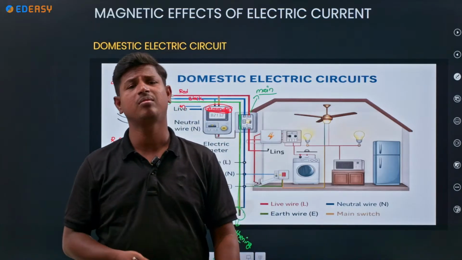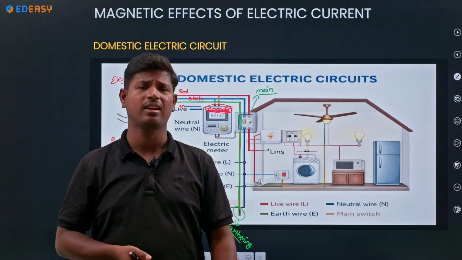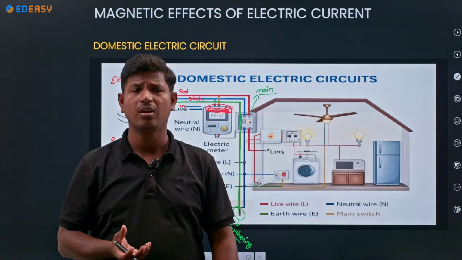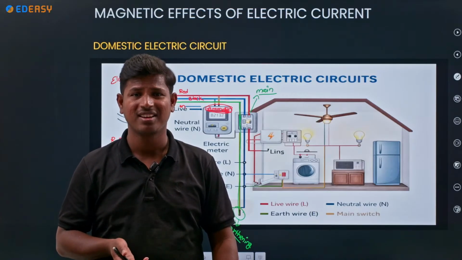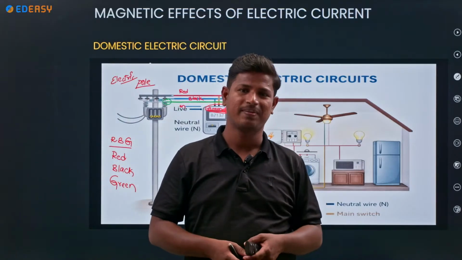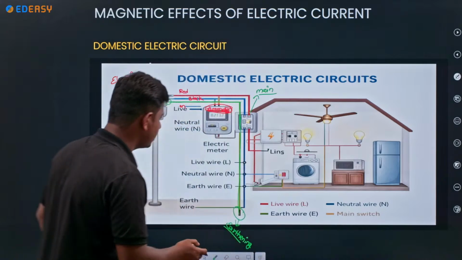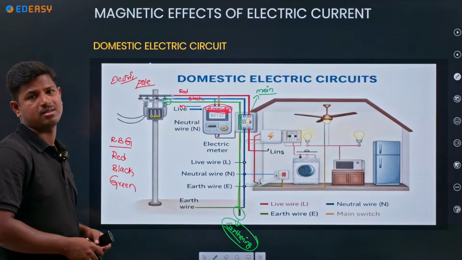For domestic purposes, only as much electricity as is required, that much only we take. If more comes, what will we do? We cannot store it for tomorrow. Is it possible to store in a fridge? It's not possible. So earthing is basic for protection.